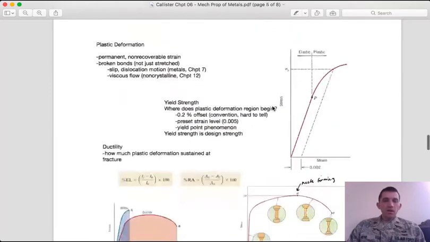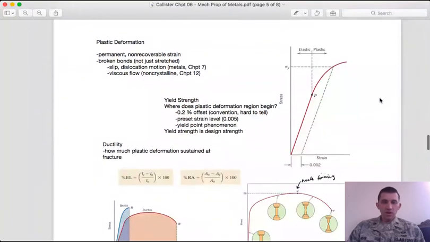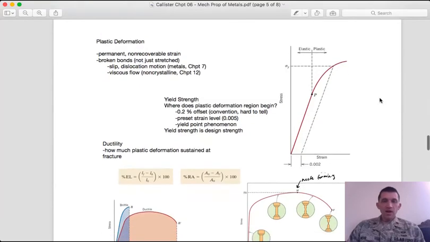Okay, so that's enough on the elastic region. So what happens if I continue to increase the stress on my material? Well, at some point I've stretched the bonds as far as they can go, and at least on one plane in my material, I have reached the limit of the ability of the material to withstand tensile and shear forces.